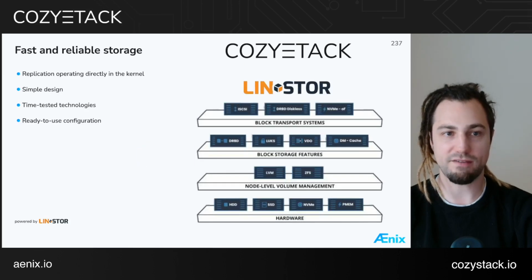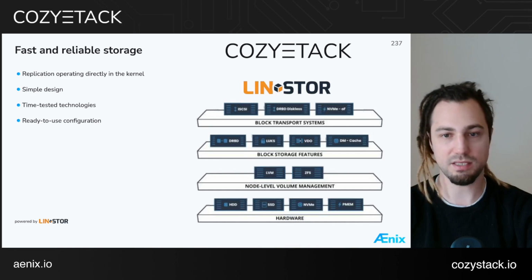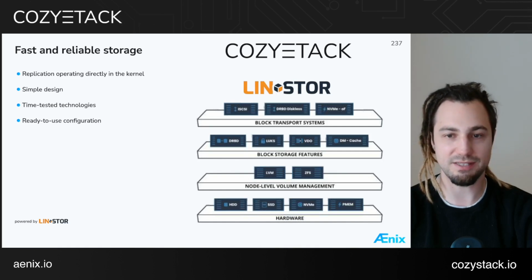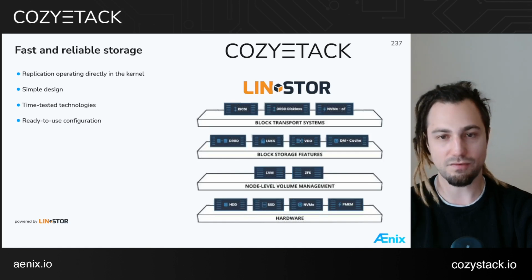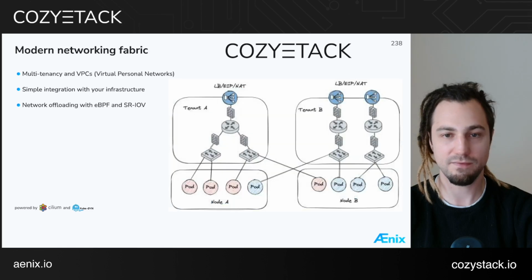This is the way we deliver the storage. Our storage is based on DRBD's LINSTOR, which is a pretty reliable solution because it works with time-tested technologies like LVM and ZFS. And in case you need replication, it can also enable it using DRBD. We also deliver OVN, the thing we use for running virtual machines.